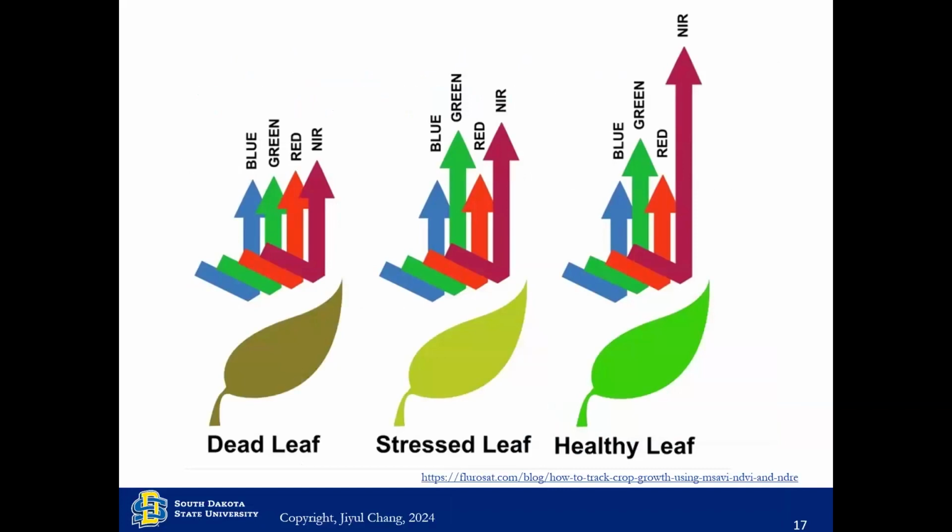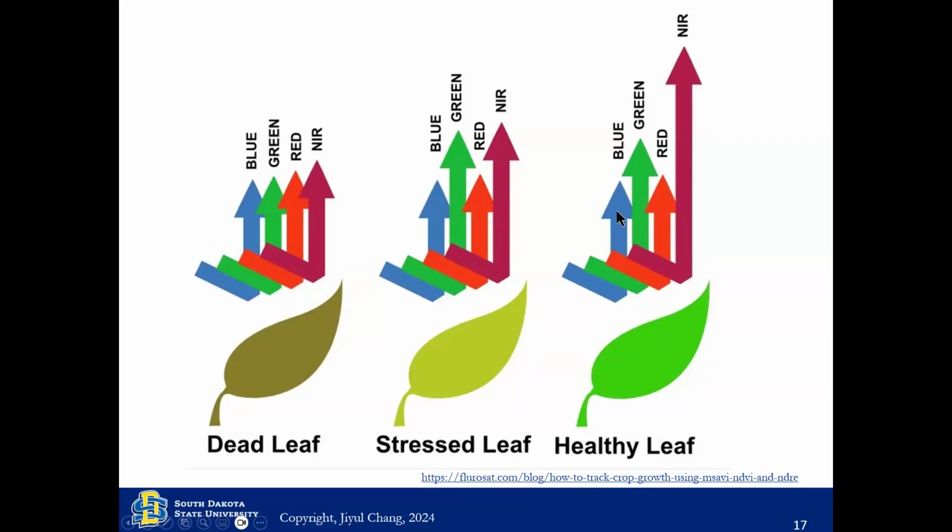Here is another thing. When you look at the reflectance pattern of blue, green, red from a stressed leaf and a healthy leaf, they are very, very similar.